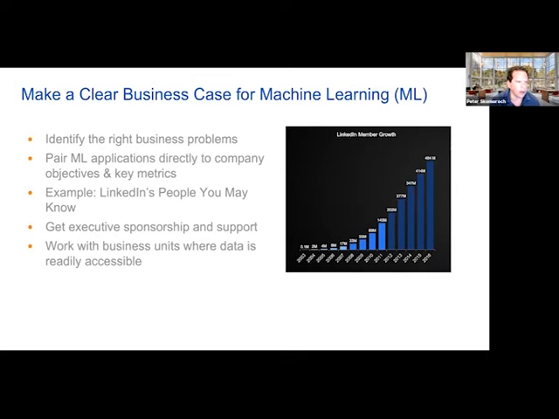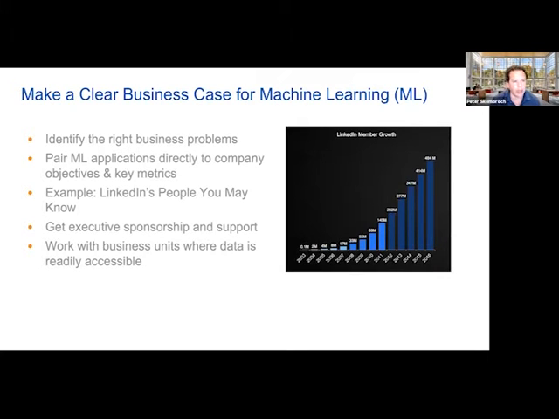And one of the most famous examples was LinkedIn's People You May Know, which will recommend people that you should connect with. And so when people connect on a social network or a professional network, that keeps them engaged. They invite other people. It's a viral process. So keeping that engine running and getting people connected quickly is one of the most powerful things you can do.